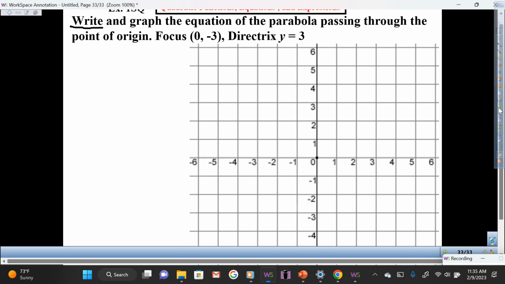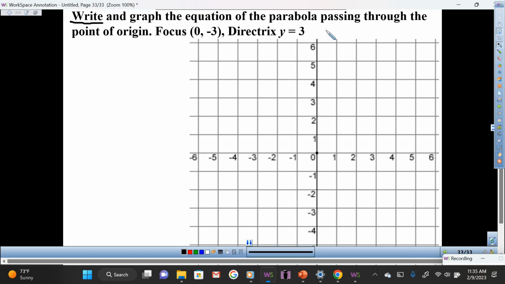Where do we look first? We look at the directrix. So with that said, what equation did you start with? Please, Diego Rosas. x squared equals 4py. Hands if you got that.